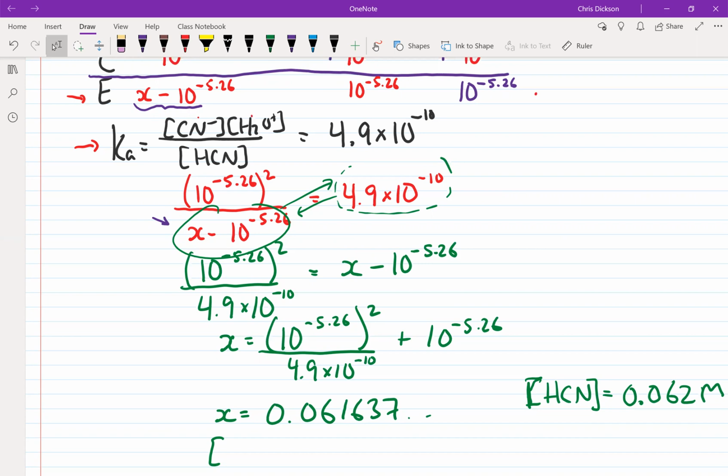And I'm getting 4.9 times 10 to the minus 10. So I could plug it back in to see if it works from here. That concentration is fairly low.